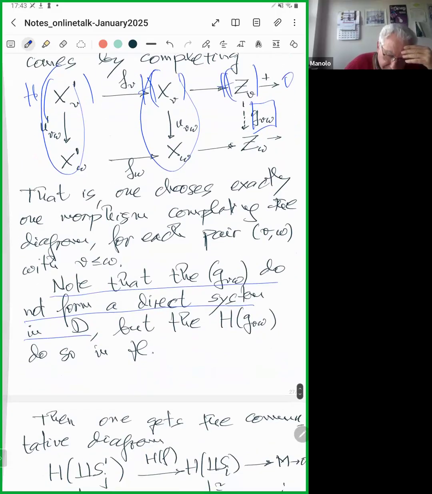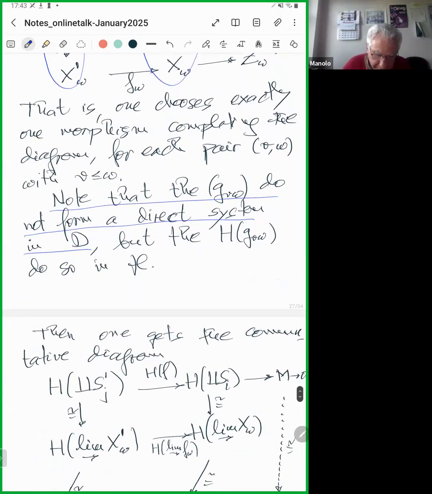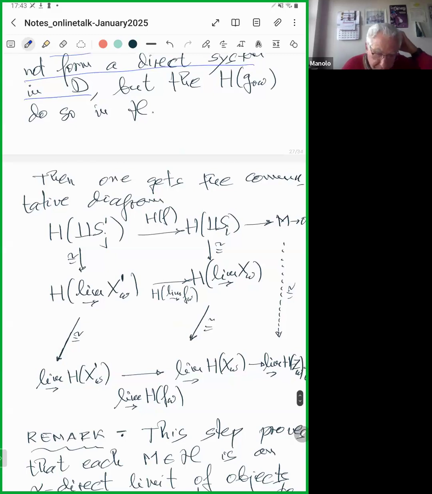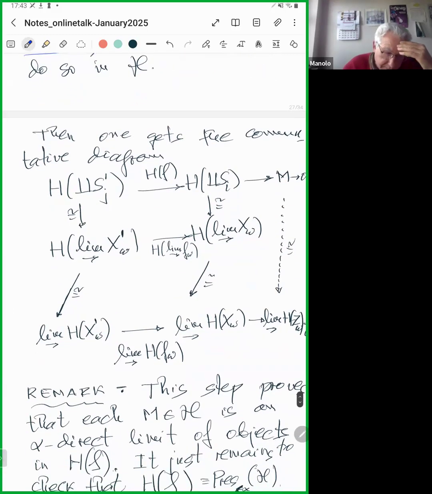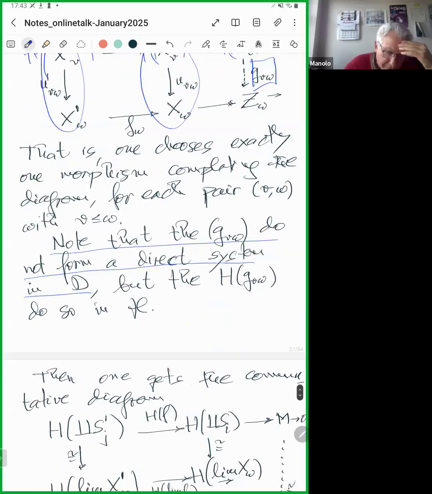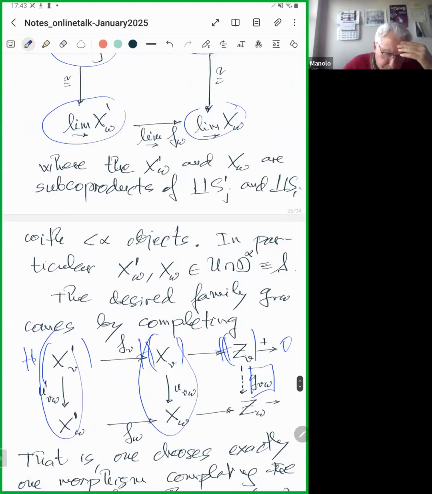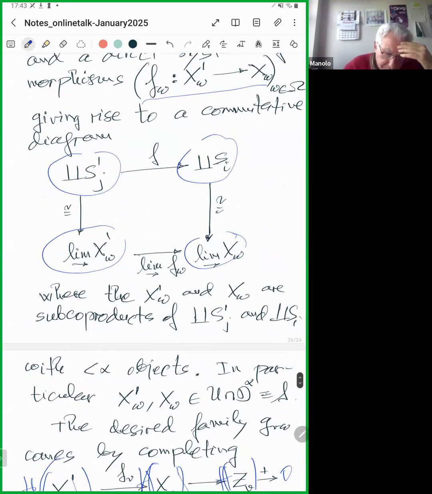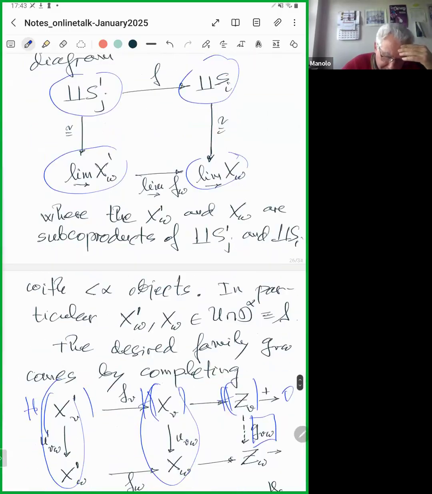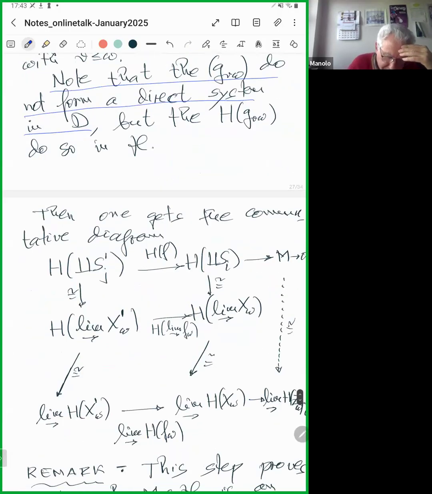Then you have an alpha-direct system there, and now you get this commutative diagram where, from this square here, you apply H, and you obtain this square here. And you know, by what we said, that M is the cokernel of HF by the previous step. Now you have this.